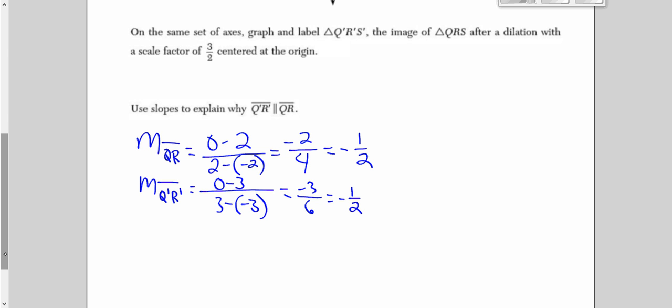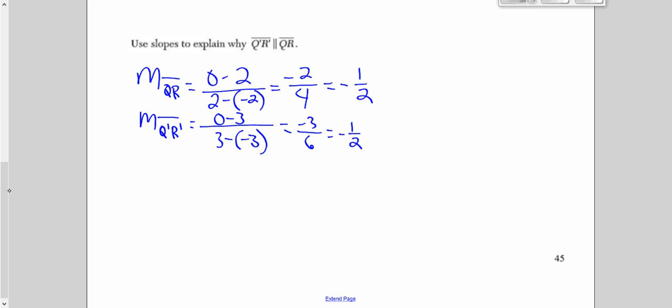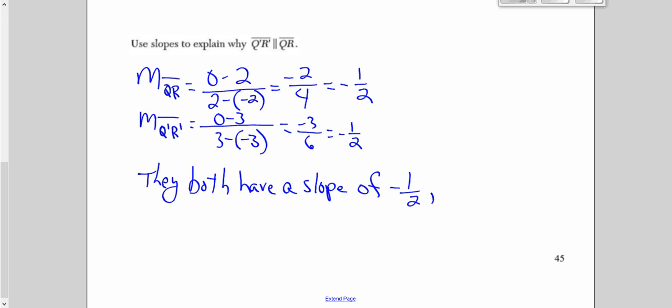But you have to find that they have the slope of negative 1/2. So let's write what they write: Q prime R prime is parallel to QR.